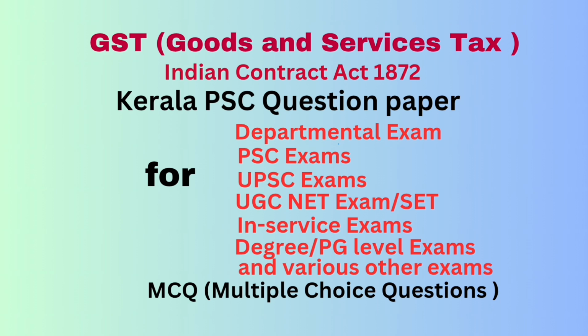Question number 12. A registered person can opt for composition levy if his aggregate turnover in the preceding financial year did not exceed dash rupees. Answer, 1.5 crore. Question number 13.